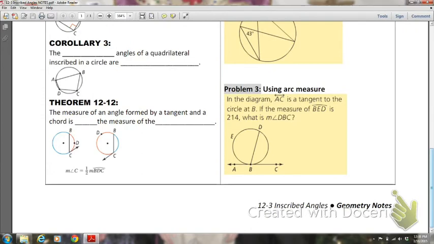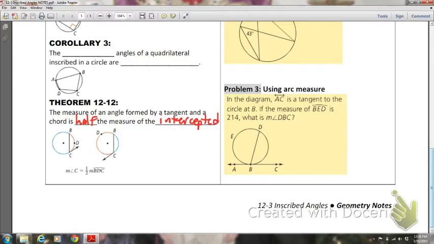The last theorem in this lesson says that the measure of an angle formed by a tangent and a chord is going to be half of the measure of the intercepted arc. So let's look at this diagram here.